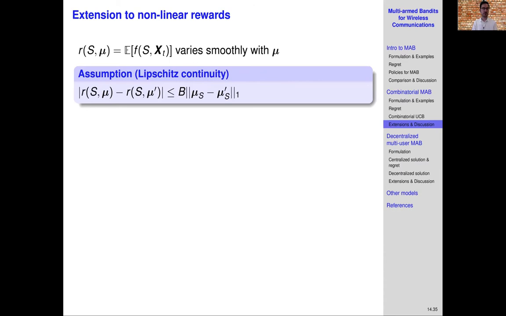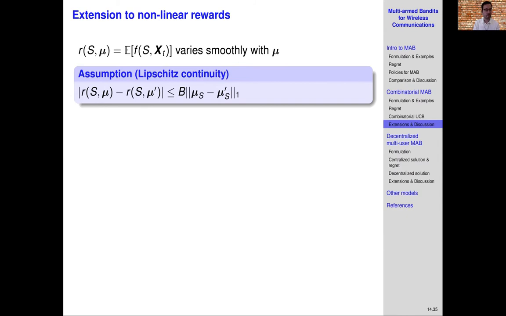There are certain extensions to this problem. One extension is the case with nonlinear rewards. So in this case, the rewards are no longer linear in the base arm outcomes. However, we need certain structural assumptions in order to analyze the regret. Most of the time in this case, it is assumed that the expected reward of a superarm varies smoothly with the expected outcome vector of the base arms.